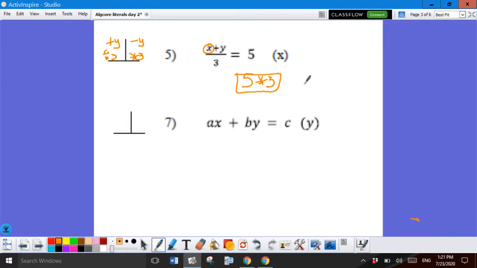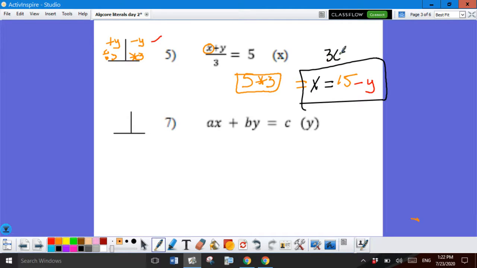It's 15. So I'm going to change that to a 15. Okay, and I'm going to keep going. What is the next step? It says minus Y. So I know that I write subtraction on the right-hand side. And who didn't move? The X did not move. So that's done. 15 minus Y. I could have also had something that kind of looked like this or like this, but this is the best answer, 15 minus Y.